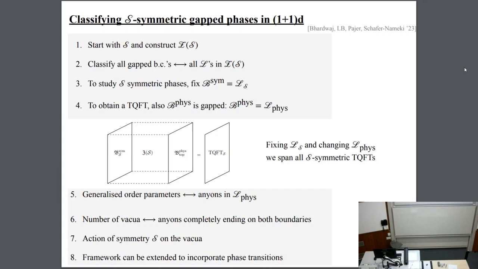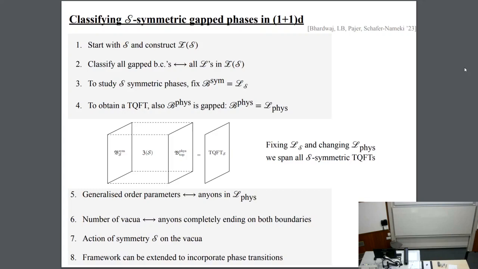Now, we want to study not any TQFT, but a TQFT that is symmetric, which means that I need to fix my symmetry boundary to be the one that generates the symmetry S. So among all of these gapped boundary conditions, there is going to be one, which I call L_S, such that on this boundary I realize the symmetry S. Regarding the other boundary condition, the physical boundary condition, this is normally non-topological because it encodes all the dynamics of a QFT, so it would have nothing to do with Lagrangian algebras.